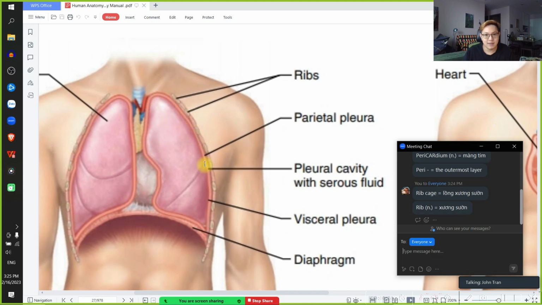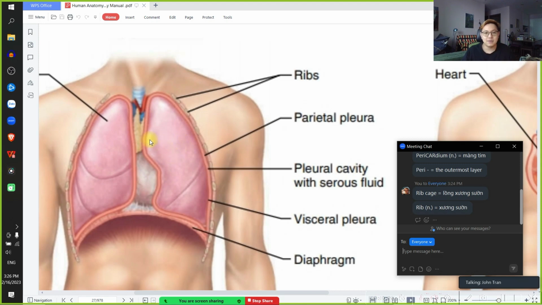Thứ nhất là cái màng bên ngoài là parietal pleura, cái màng bên trong nó là visceral pleura, và ở giữa hai cái màng đó nó có một cái chất dịch, nó gọi là dịch nhầy serous fluid. Và nó có một cái khoang ở ngay giữa hai cái màng đó luôn. Cho nên nếu mà lá phổi có bị thủng thì cái khí nó sẽ thoát ra, và nó tụ tập lại ở trong cái lớp giữa hai cái màng này, nó ép phổi.